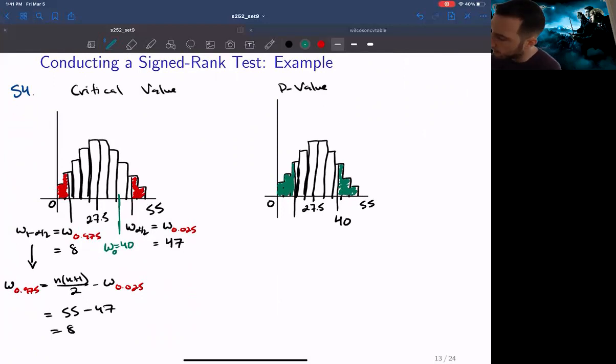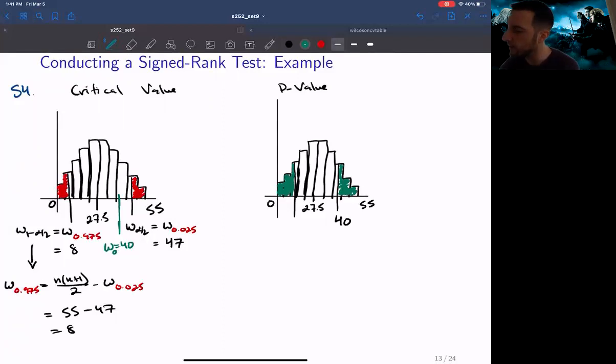So what we would do here is, actually, I'm going to show you how to find the lower bound, because if we do a lower tail test, you're going to have to know how to do this anyways. When we're finding the p-value using this approach, the areas in each tail are going to be the same size.